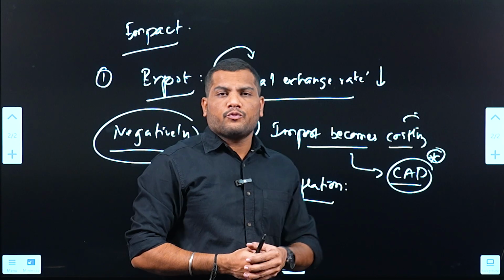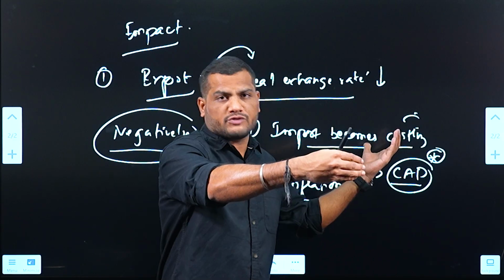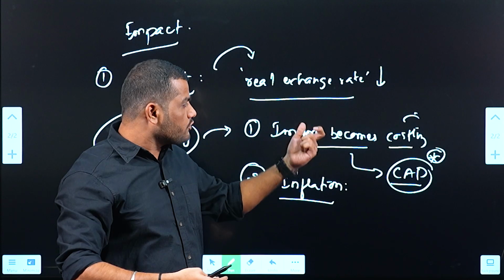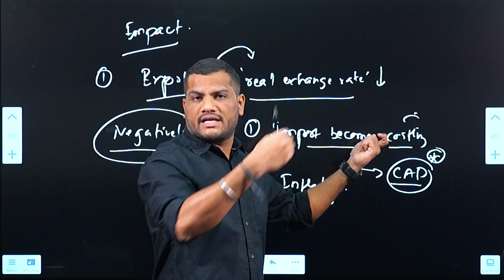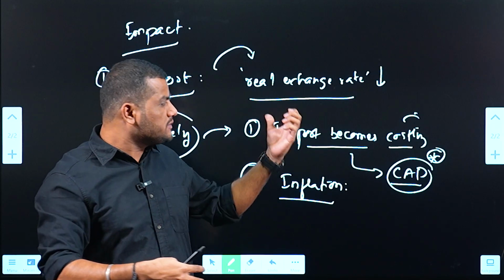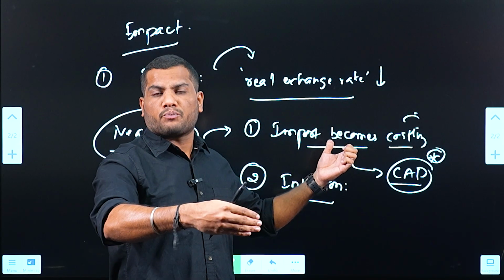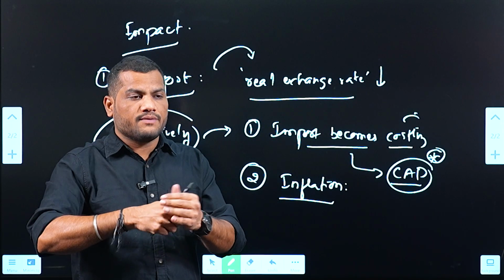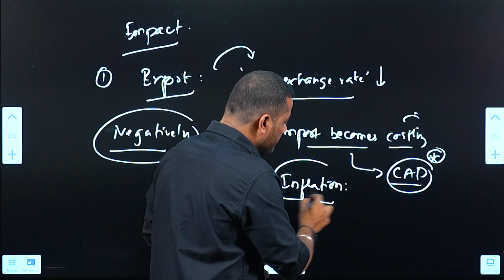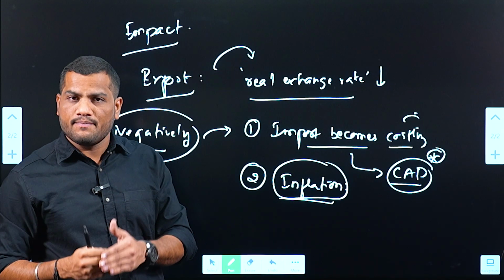And we also have to import products from the international market by paying more rupees. Whenever we import products from the international market, those products become costly in India. Whenever these products are used in production, the consumer goods produced will also become costly. Because of this situation, we'll see inflation in the Indian market.